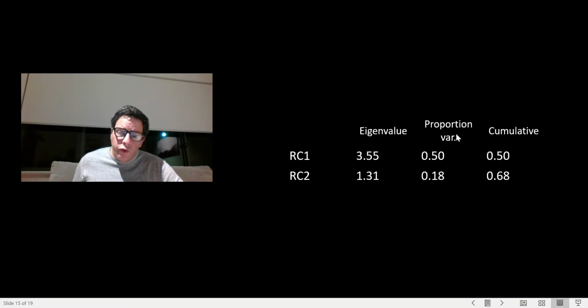And then the proportion of variability explained by principal component 1 is 50%, and the proportion of variance explained by principal component 2 is 18%, and the cumulative is 68%. And as you can see, these two components only account for 68% of the variance. And we remove the other components. If we keep all the components, they will explain 100% of the variance.